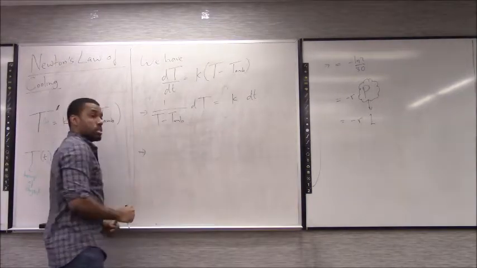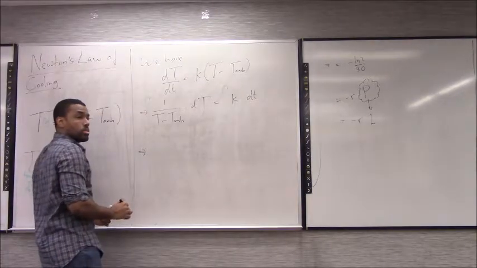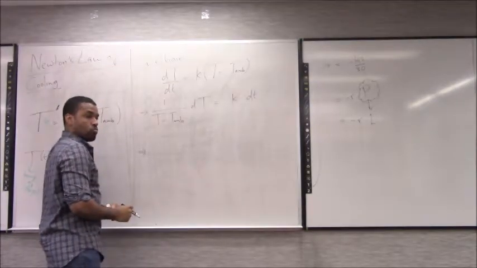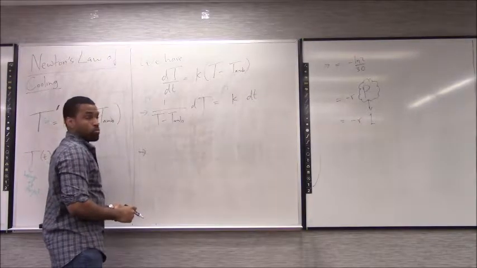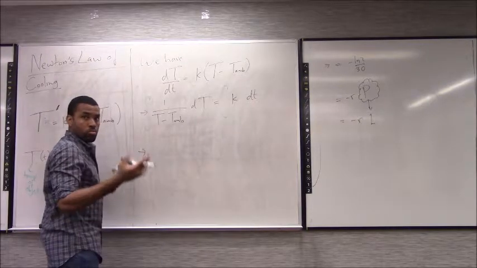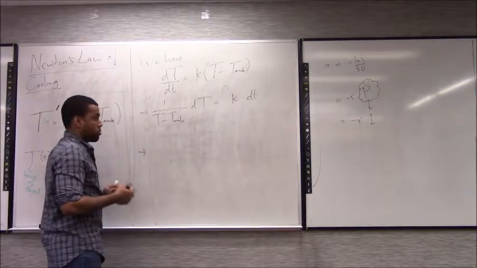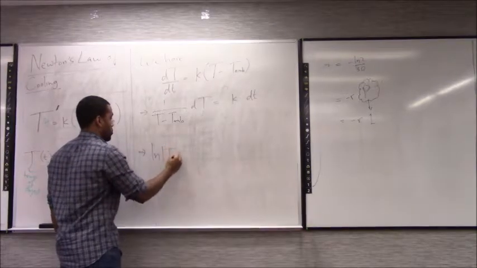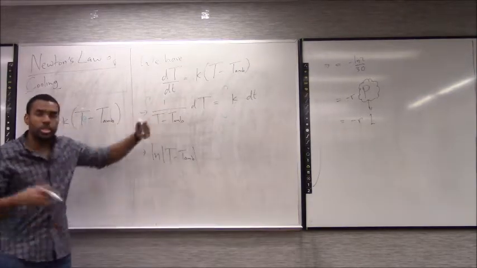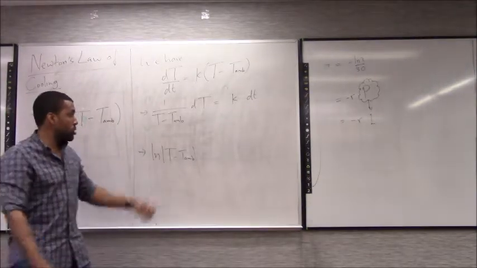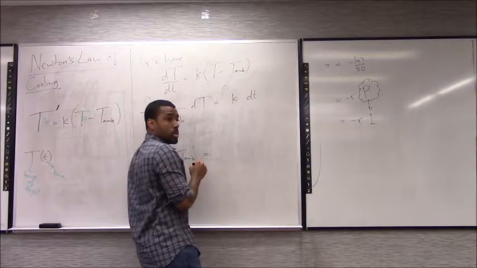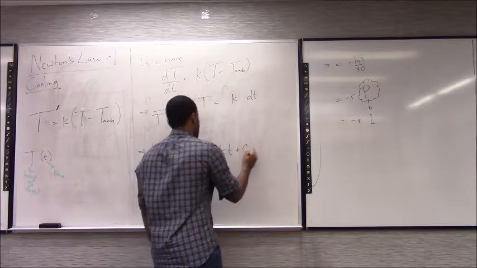What's the integral of 1 over T minus T_amb? It's the natural log of the absolute value of T minus T_amb. Technically you do a substitution, u equals this, but du would be just dT, so it just becomes that. And this side becomes kt plus a constant.